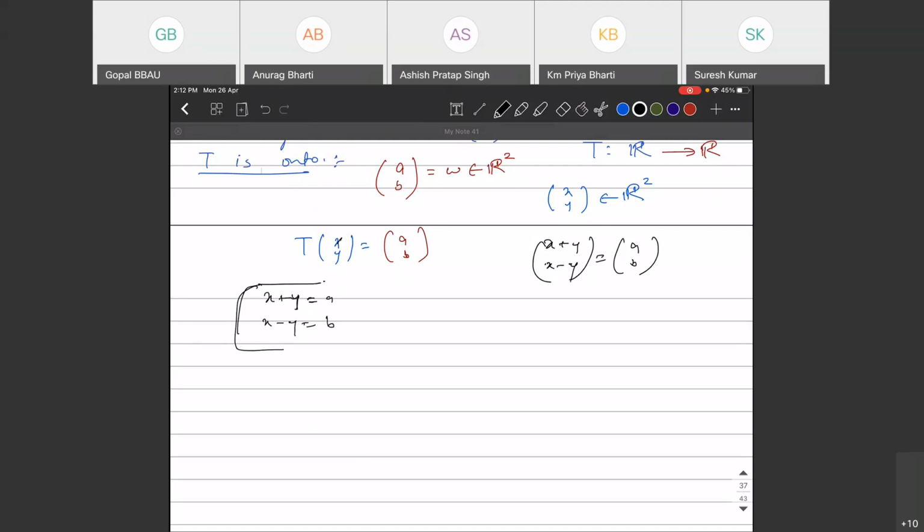This is the system of linear equations, and you know that if this matrix with rows 1, 1 and 1, minus 1 is invertible, then it has a unique solution, meaning the solution is unique. So is it the case? What is the determinant of this matrix?